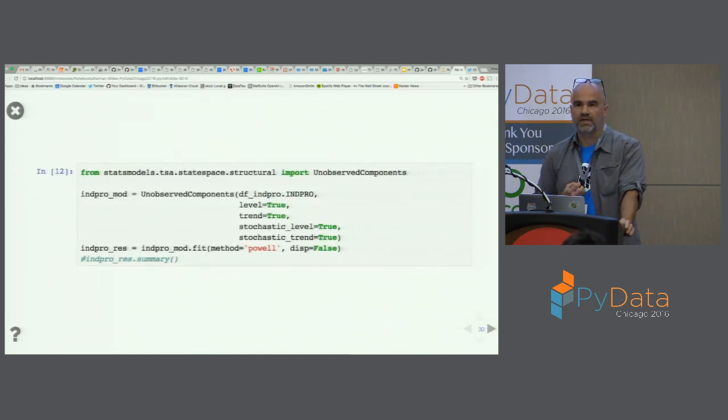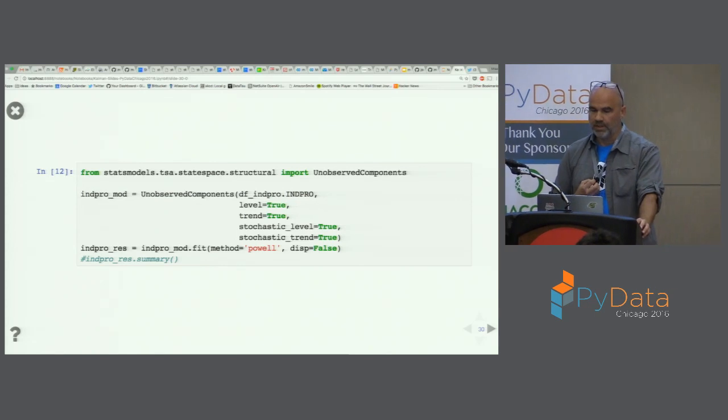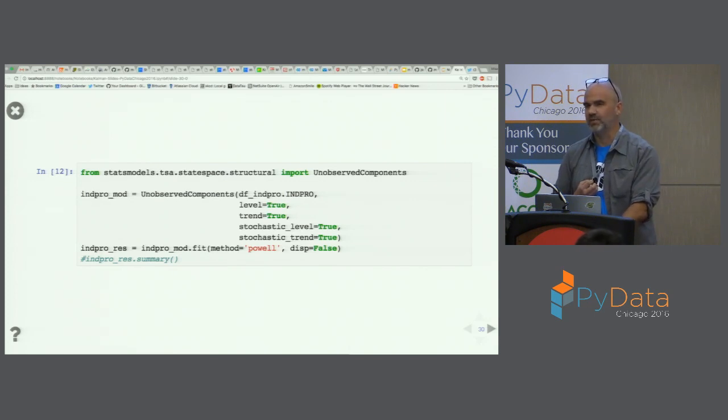And this is basically how you set it up in statsmodels. Basically, I'm saying I have a level and I have a trend, and both of them are stochastic or random. And then I fit that data set to get the parameters that I need. I'm not showing the summary of the model because it fills up way too much space on the slide.